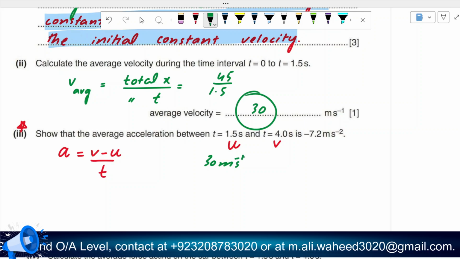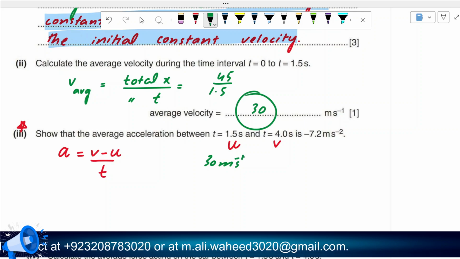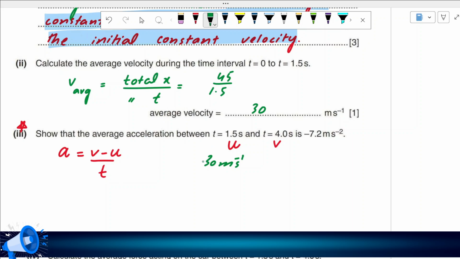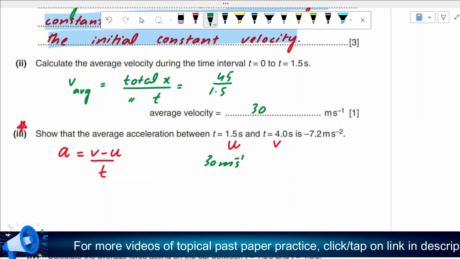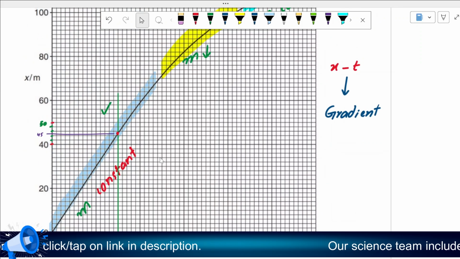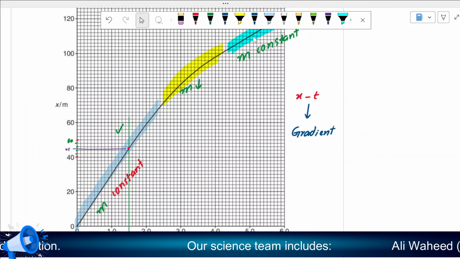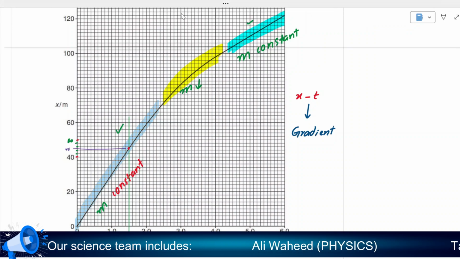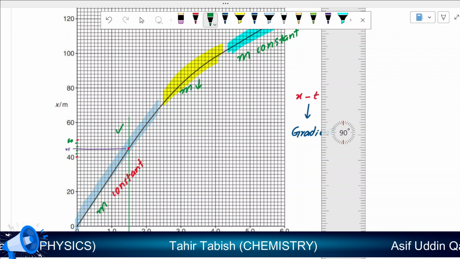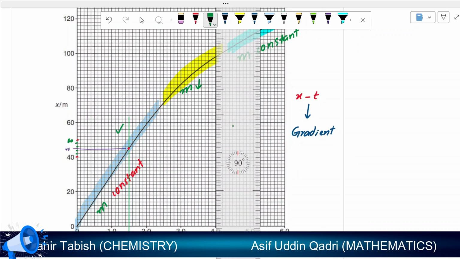But then the thing is, we don't have the value of the velocity at 4 seconds. So we'll first need to find the value of the velocity at 4 seconds, and then we can insert those two velocities in the formula. So how do we find the value of the velocity at 4 seconds? Through the displacement time graph, by finding the gradient at that point at 4 seconds. So we'll need the ruler, and we'll draw a line exactly at 4 seconds.